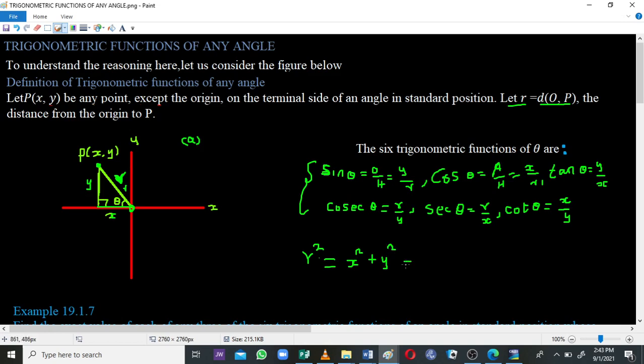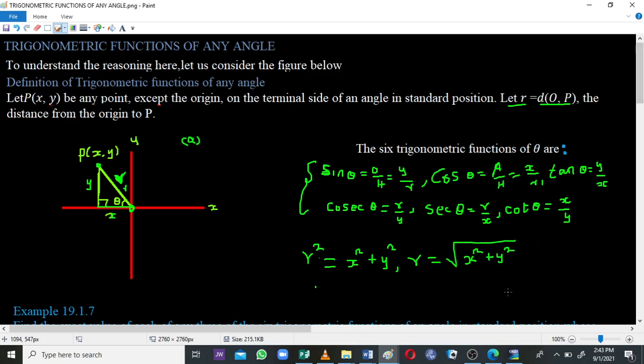This can also be written as r is equal to the square root of x squared plus y squared.